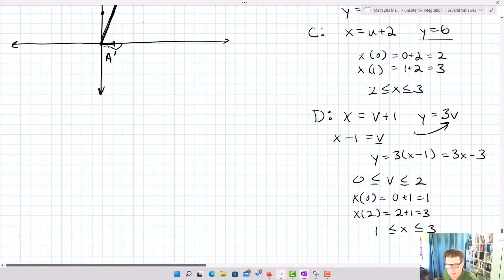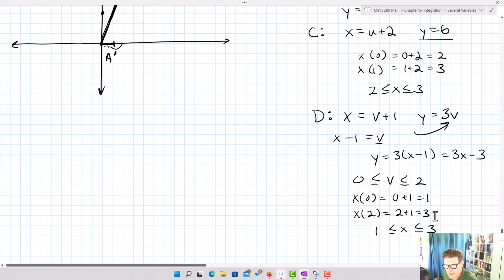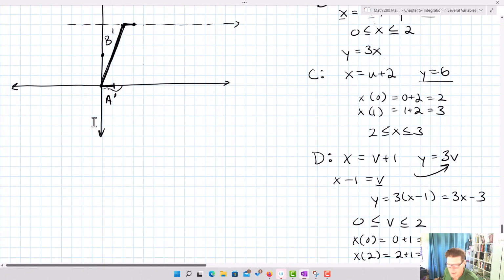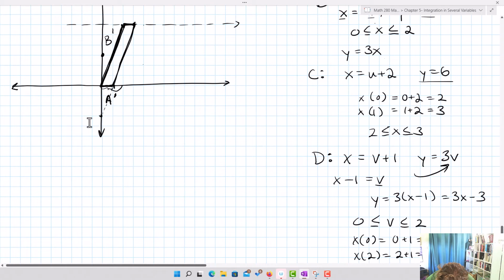Okay? So we're going to go from 1 to 3. Yeah, it's that line right there, 3x minus 3. If you extend this out, your y-intercept is going to end up being at negative 3, and you're going to have a slope of 3. So this is your new region. It's going to be that parallelogram.